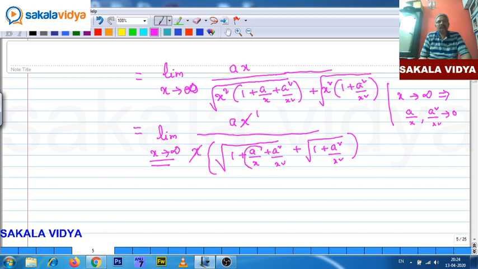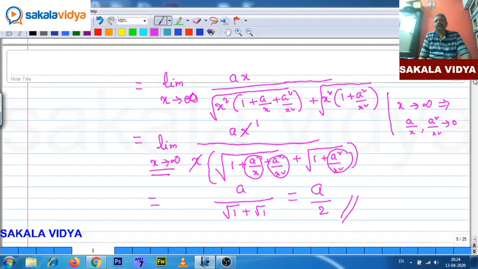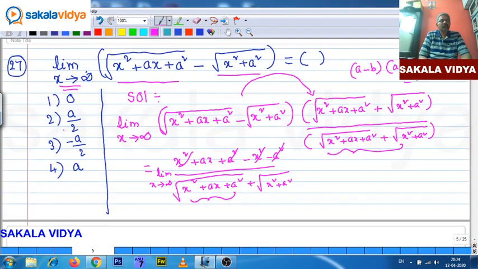So this becomes 0, this becomes 0 and this becomes 0. So we have a by root 1 plus root 1, that is a by 2 is the answer. So second option is the right option.